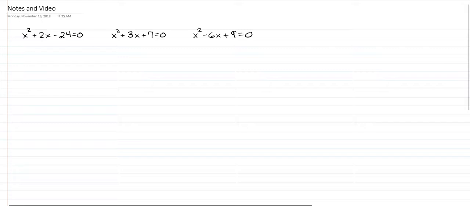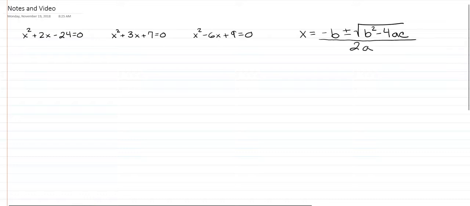Now, the discriminant is used only for informational purposes. We'll go through an example and hopefully that will help you understand what it is and what it actually does. So we all know the quadratic formula by now, hopefully. X equals negative b plus or minus the square root of b squared minus 4ac all over 2a.